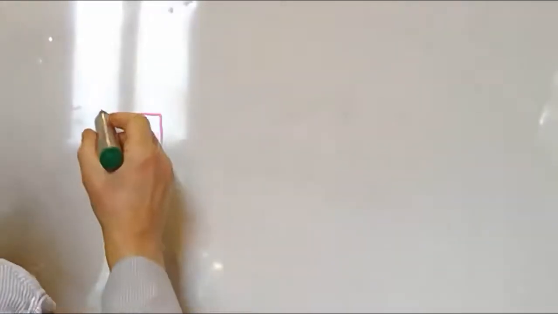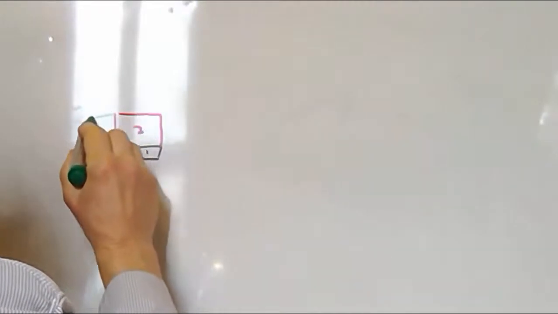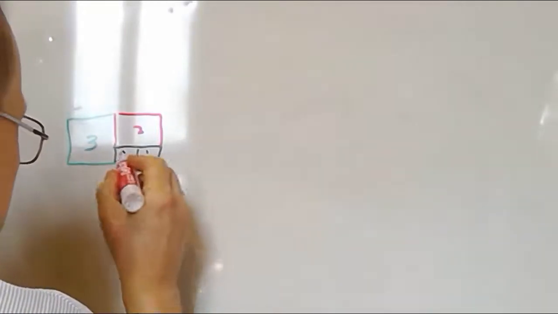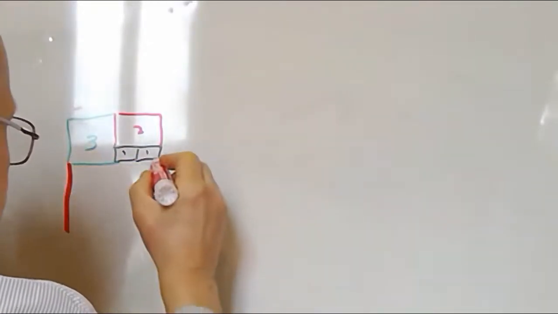And then I continue. I look at this and I'm going to do 2 plus 1, which gives me 3. And then I'm going to drop down to here, and I'm going to have 2, 3. This is 5.